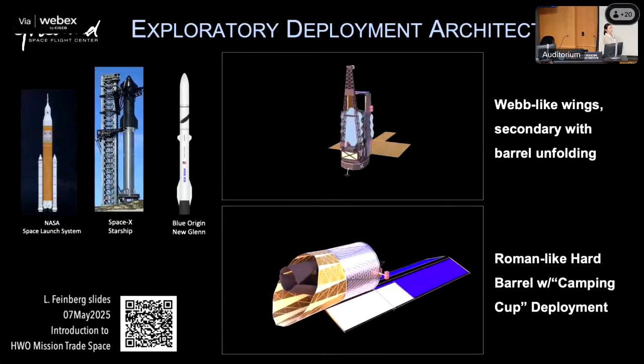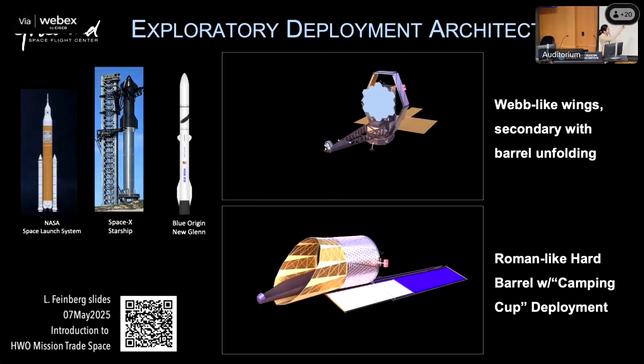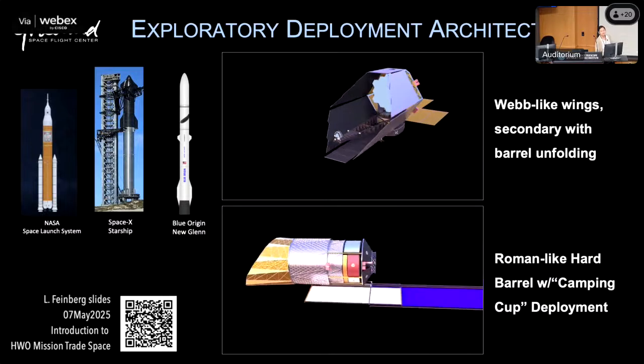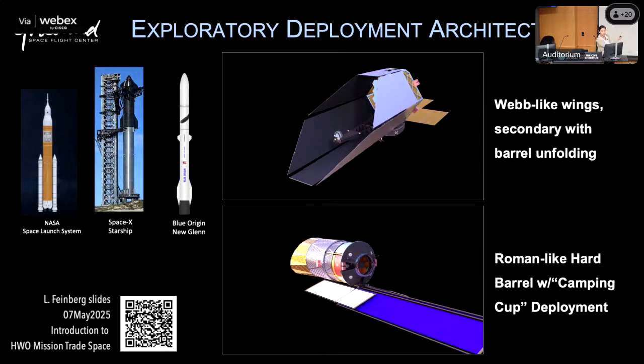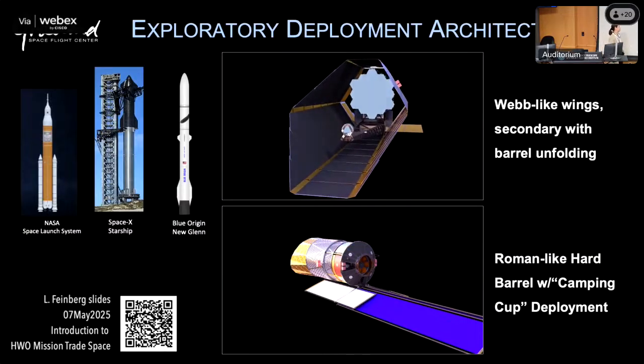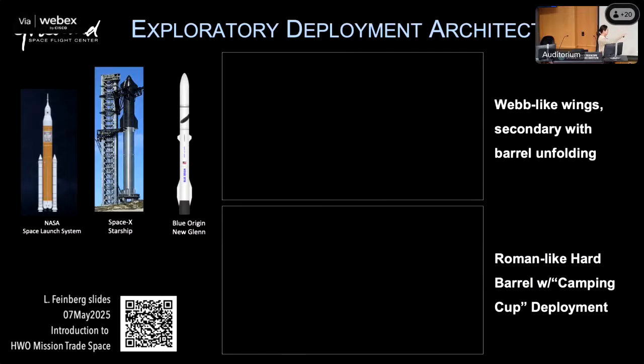Now, these are the more updated versions of the models that show the deployment architectures, one with Webb-like wings. Before, you didn't see something to protect the observatory from micrometeoroids, but in these models you do. So you see the barrel unfolding here on the top. On the bottom, there's a Roman-like hard barrel with a clamshell deployment that just went away.